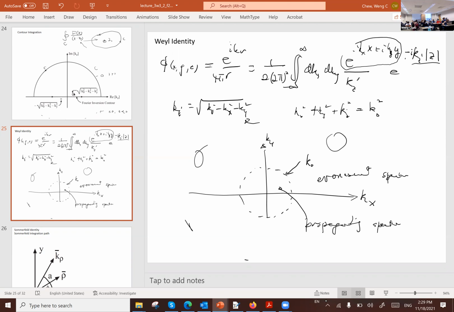Yeah, that's true. That wave will be evanescent, which means that this wave becomes evanescent in the z direction, which is the correct thing to say. There should be a plus sign here. But what else does large kx and large ky mean to you in a 2D Fourier transform?